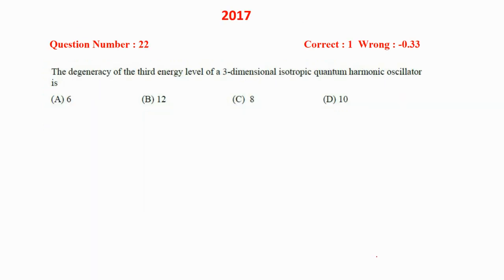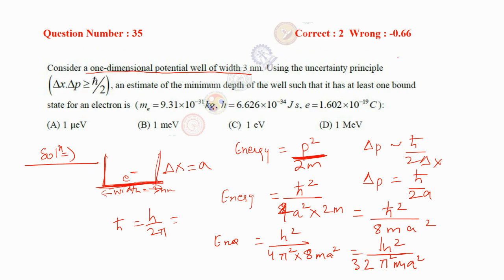Now if you put the values, h is 6.6 into 10 raised to the power minus 34 square. This is 32 and this is 3.14 whole square, and m is 9.1 into 10 raised to the power minus 31, and a is 3. a is 3 given to us. 3 into 3 is 9, and it is given to us in nanometers.